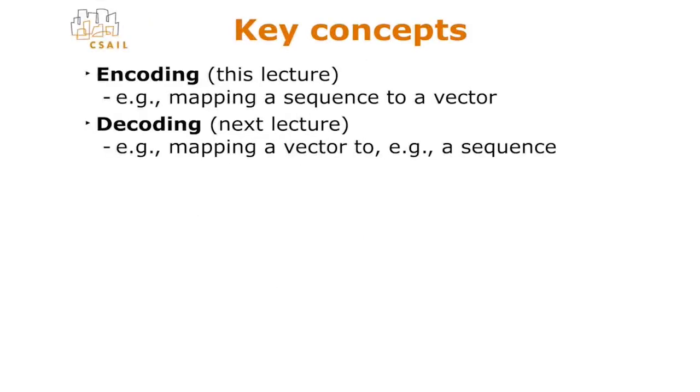So we have two tasks to solve here computationally. Encoding, turning a sequence into a vector. This is what we're going to be talking about today in this lecture. And decoding, turning a vector also into a sequence, as in machine translation. We will talk about that in the next lecture.